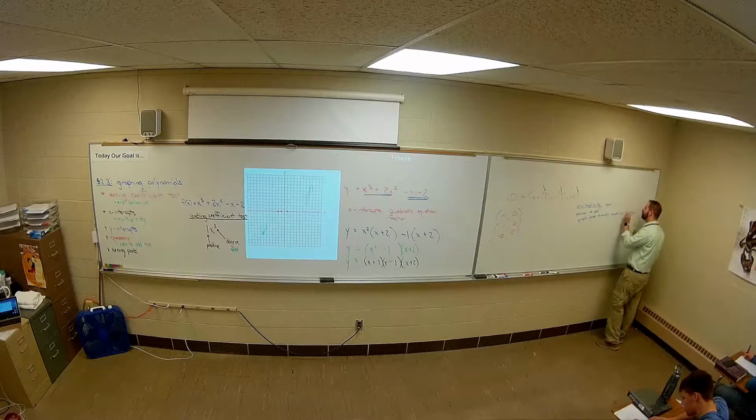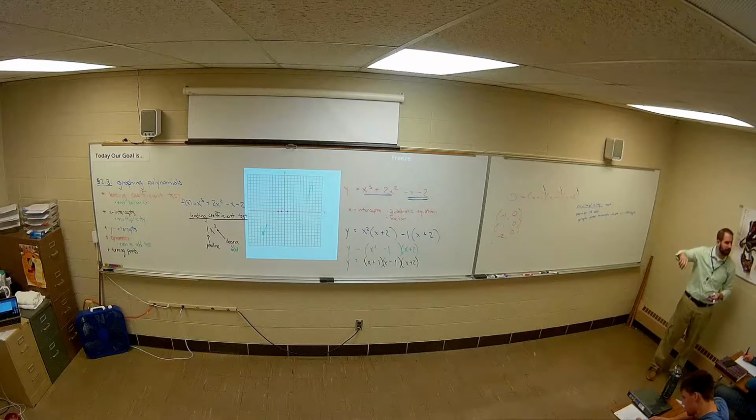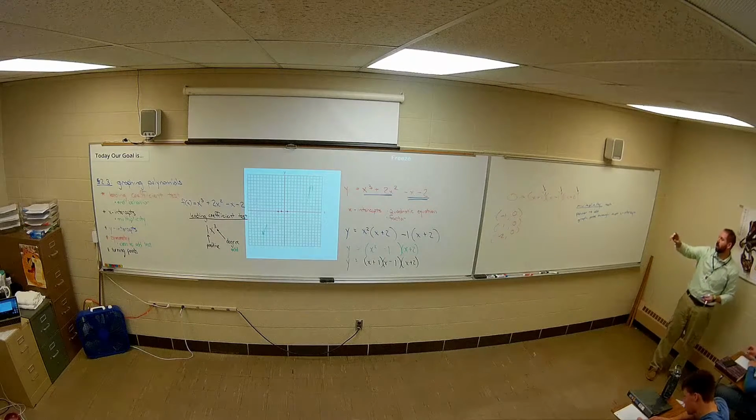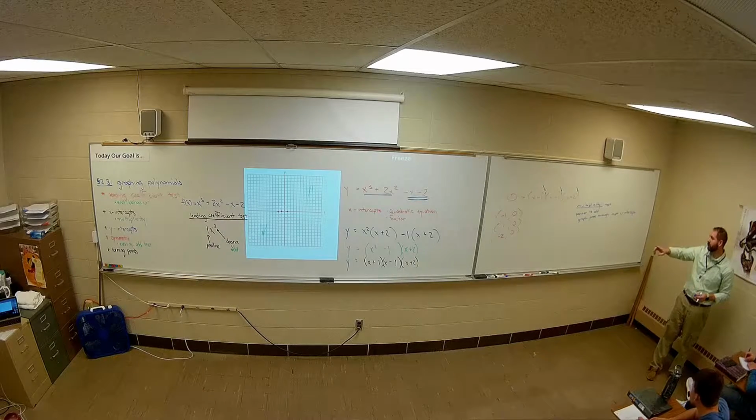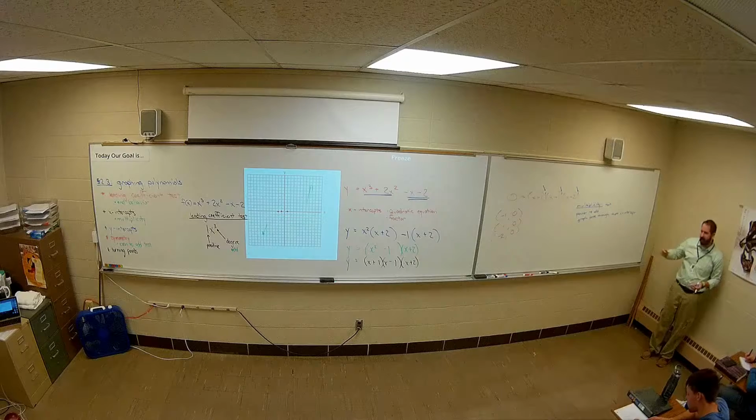So it'll pass through that x-intercept right at that spot. So when I start drawing my lines, it'll hit the negative 1, it'll hit the positive 1, it'll hit the negative 2, and it'll actually pass through the graph at those exact spots.